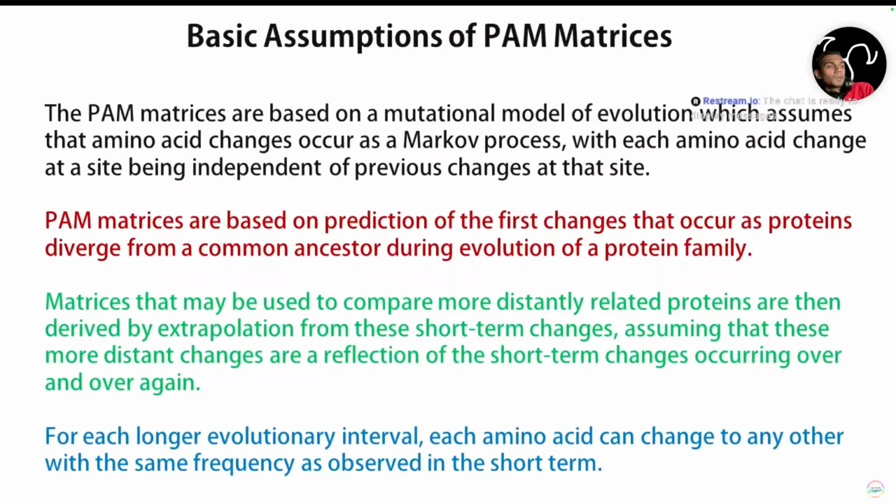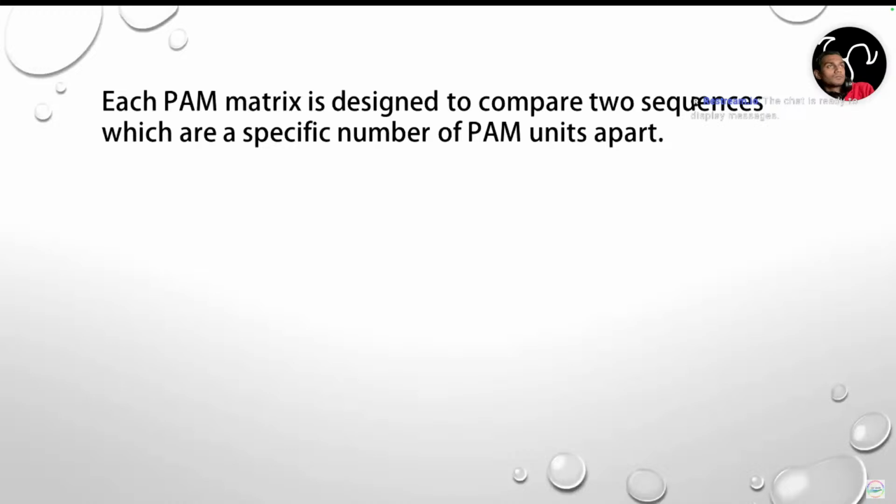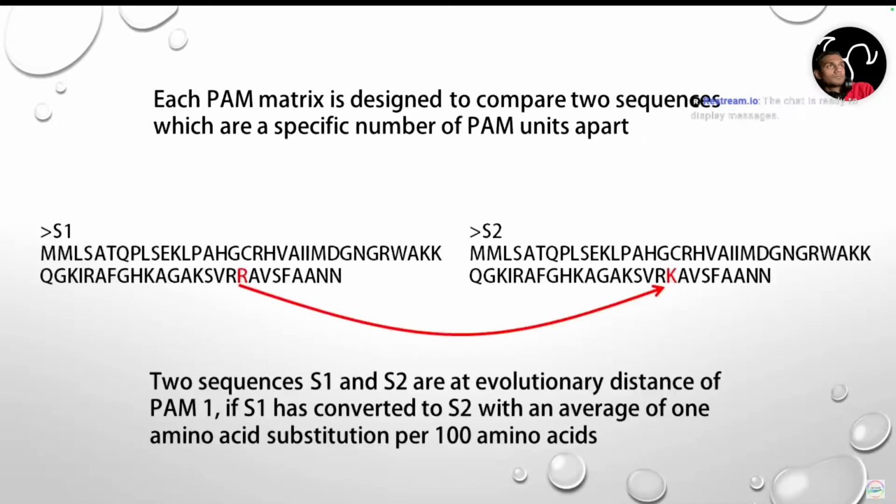For longer evolutionary intervals, each amino acid can change to any other with the same frequency as observed in the short term. Each PAM matrix is designed to compare two sequences which are a specific number of PAM units apart. Two sequences S1 and S2 are at an evolutionary distance of 1 PAM if S1 has converted to S2 with an average of 1 amino acid substitution per 100 amino acids.